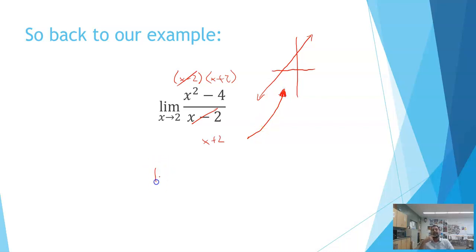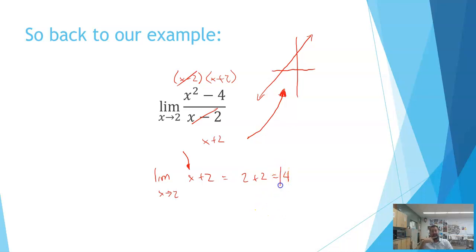So the idea is we are going to evaluate this limit of a function that looks identical to our original one, other than there is not a hole in this particular graph of x plus 2. So I can evaluate it the old-fashioned way by just plugging in 2. 2 plus 2 is equal to 4.